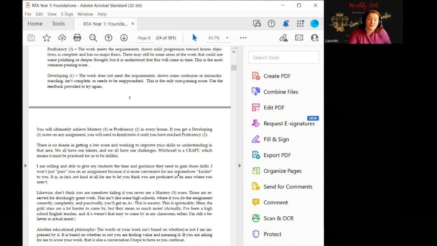I was not a master of anything when I first started my journey with witchcraft. I felt like an absolute novice all the time about everything. That's normal. It's perfectly normal. I've been doing this for almost 30 years now. So there are some areas where I feel adept. I feel like maybe I have a level of mastery in certain areas and others where I'm just proficient.